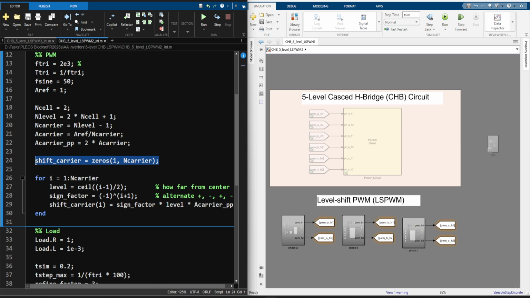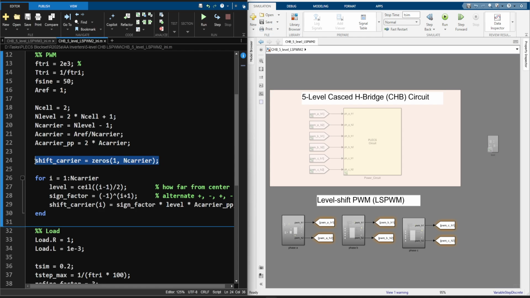This particular section is quite important, and this calculates exactly how the shift in the carrier wave should look like. That means this determines the vertical shifts of the carrier waves.